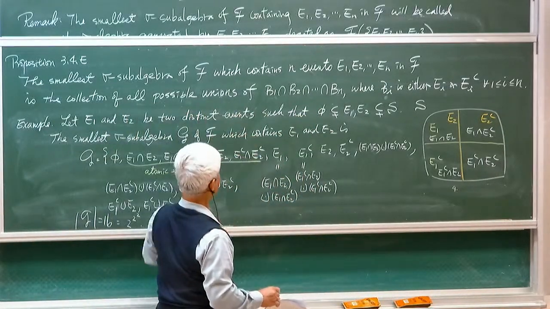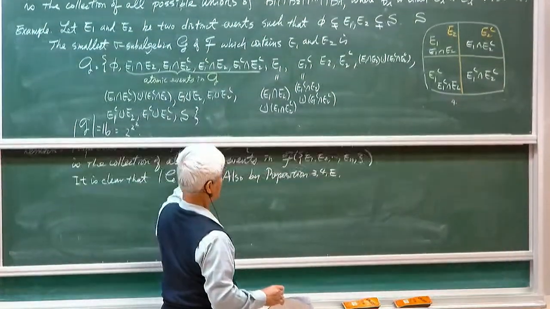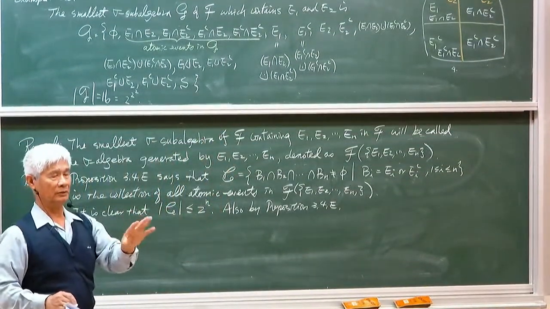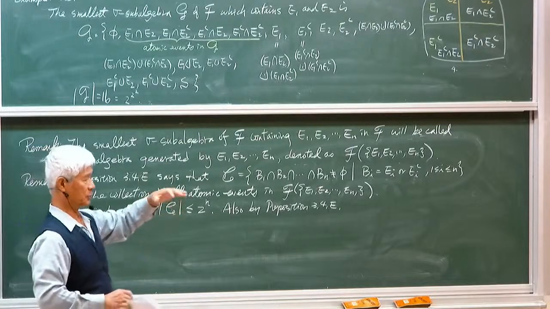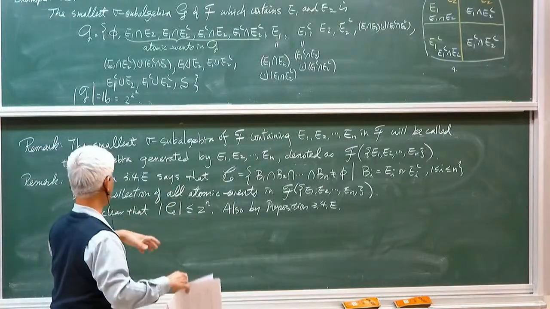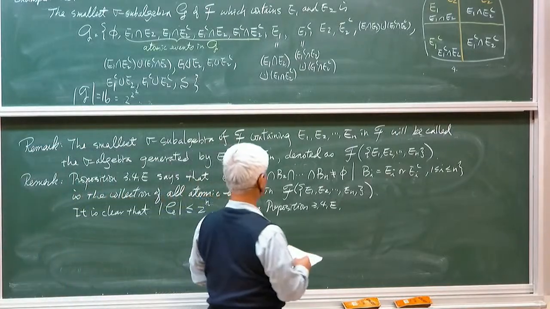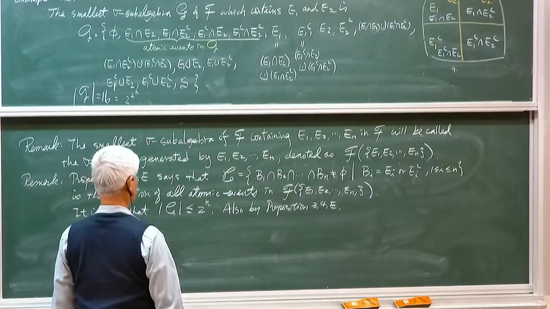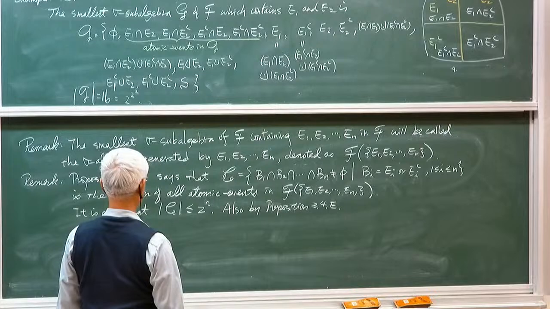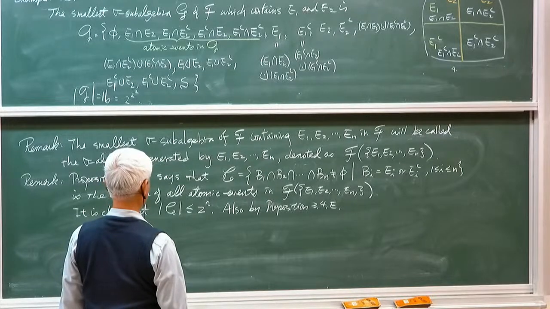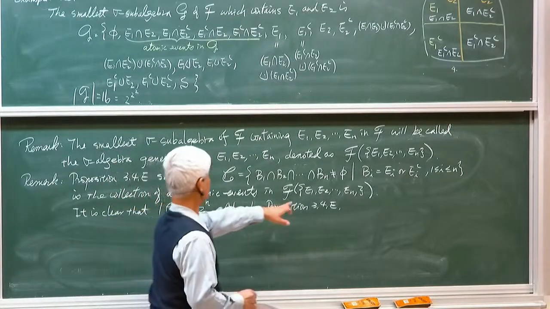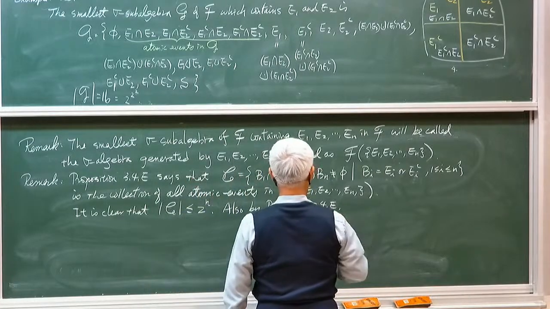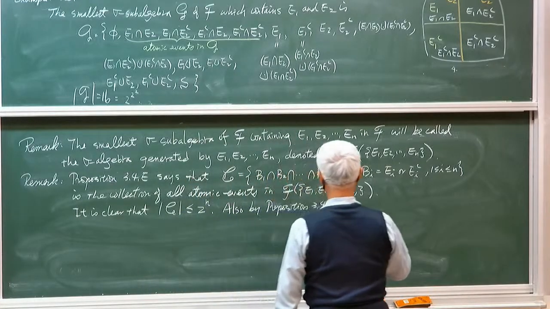So we use the atomic events to build, because atomic events are disjoint from each other, and so you can use that to build up every member in the subalgebra.